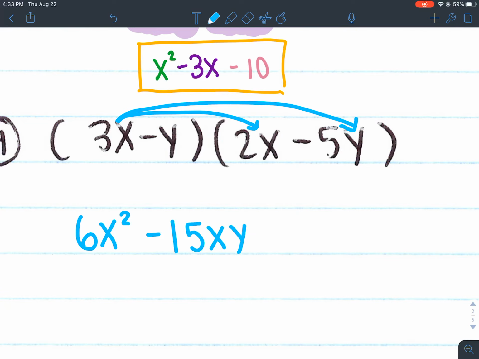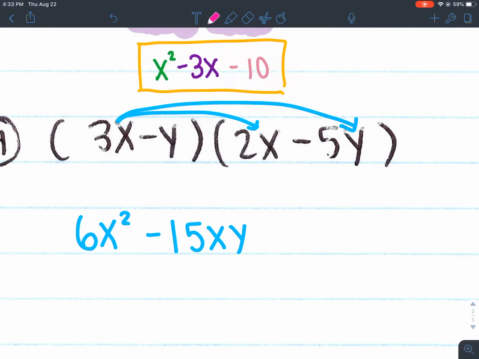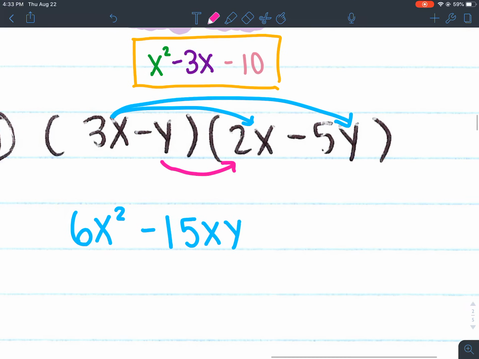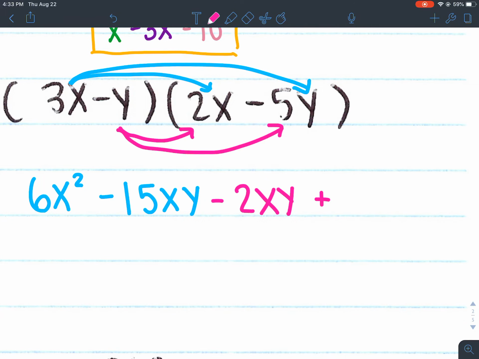You can't combine x and y, but you can still multiply them, so it's going to be xy. And then I have negative y times 2x, which is negative 2xy. And then negative y times negative 5y is going to be positive, because a negative times a negative is a positive, 5y squared, because you have a y and then a y.